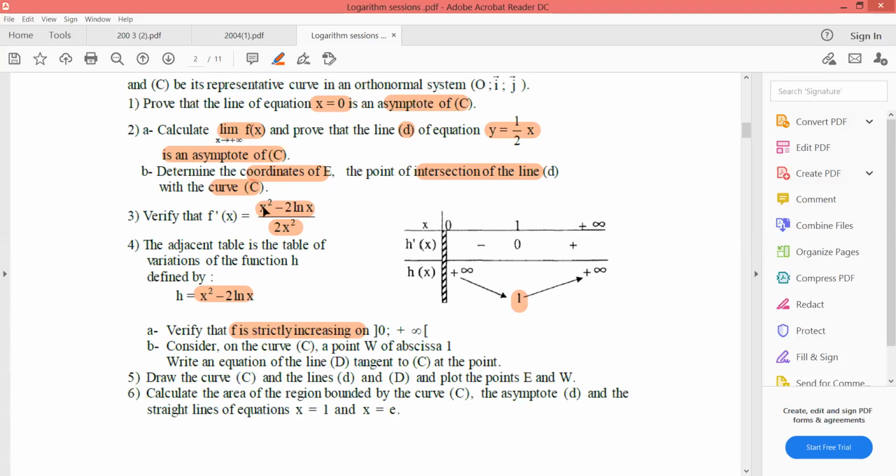So f prime x equals hx over 2x squared. 2x squared is positive. Hx is positive because its minimum is positive, 1. Then f prime x is positive.